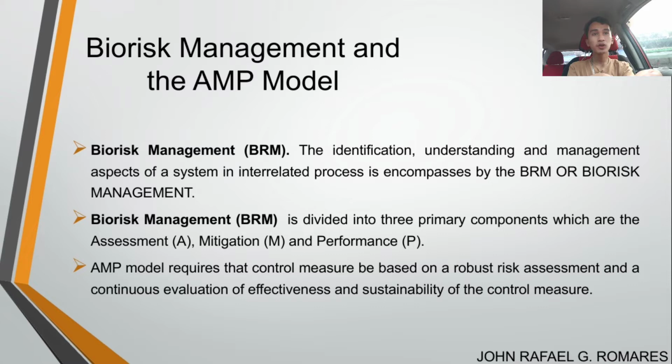These components are called the AMP model. The AMP model requires that control measures be based on a robust risk assessment and a continuous evaluation of effectiveness and sustainability of the control measures.